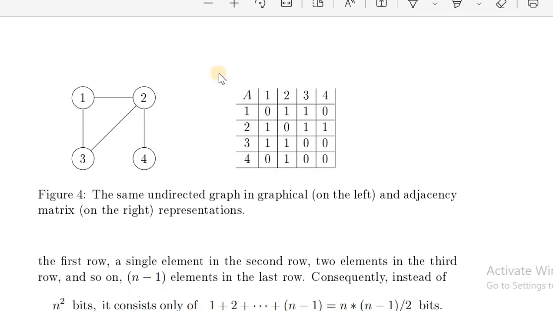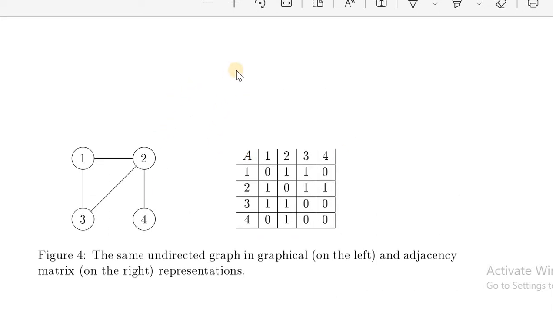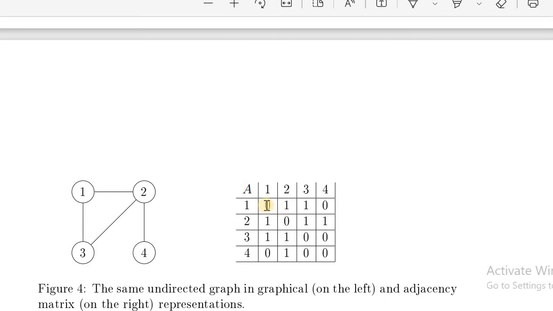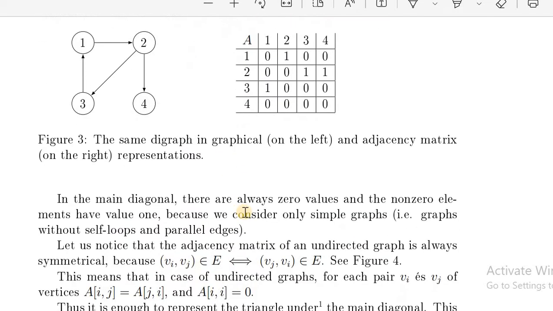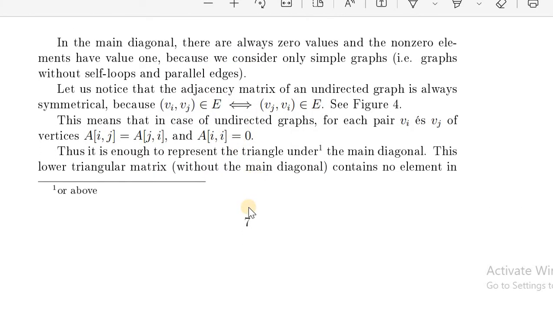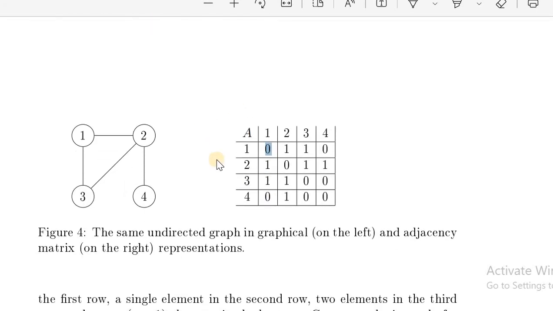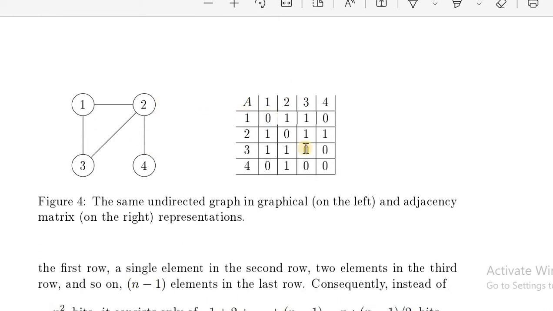So for example, this is the matrix representation of a graph, and here we indicate the existence of a connection between two vertices with the number 1, and if there is no connection then we indicate it as 0. So we can call it a bit matrix representation of an undirected graph. So what does this matrix mean?